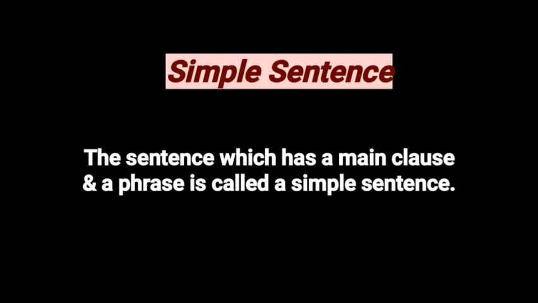There may however be phrases with non-finite verbs. A simple sentence therefore consists of a single clause that makes complete sense by itself. We know that such a clause is called an independent clause.